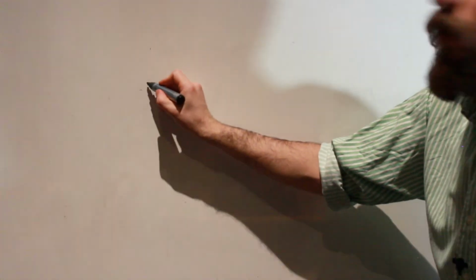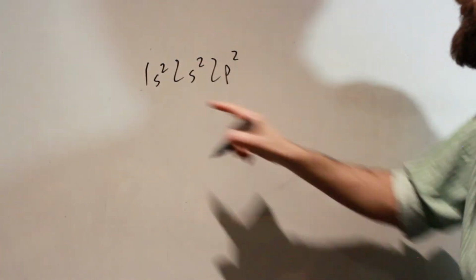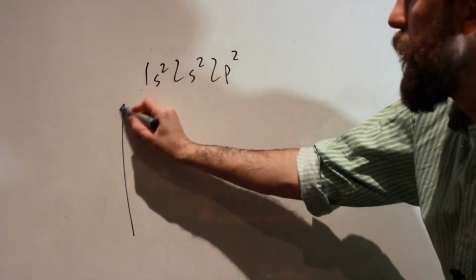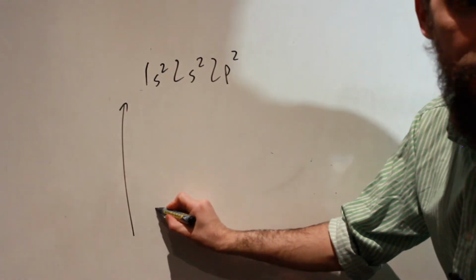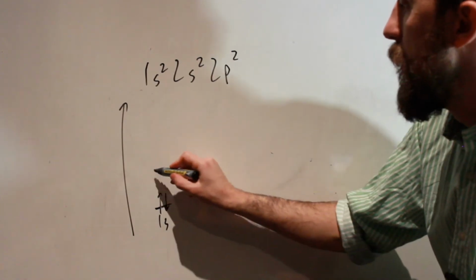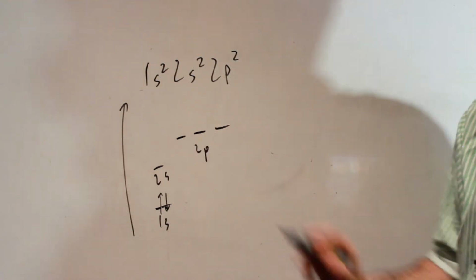Let's think about this. If we have a carbon atom which has 6 electrons and we do the electronic configuration: 1s2, 2s2, 2p2, that's 2, 4, 6 electrons for our carbon. If I was to draw this in a sort of energy diagram, we have our 1s2 electrons down the bottom, then we would have our 2s electrons and our 2p electrons.